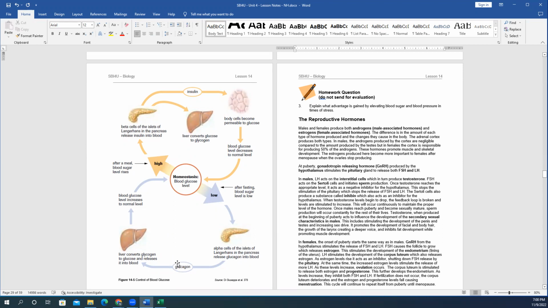The action of glucagon is then to target the cells of the liver to convert the stored glycogen back into glucose and release it into the bloodstream. The effect of this is to increase blood glucose levels back up to normal levels and establish that homeostasis of blood glucose levels back at the 0.1% level.